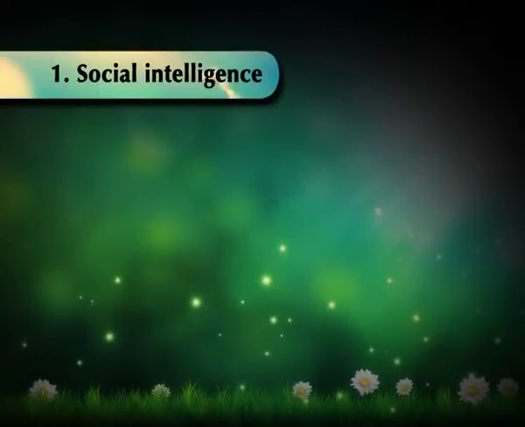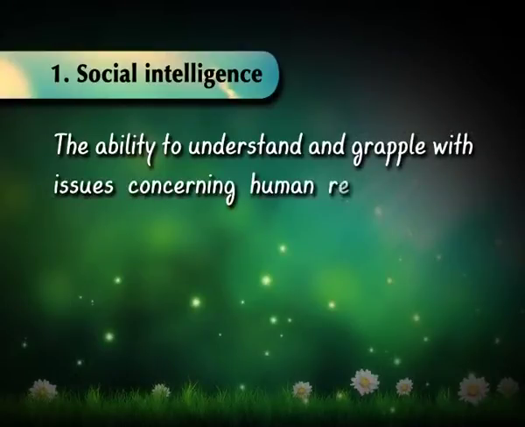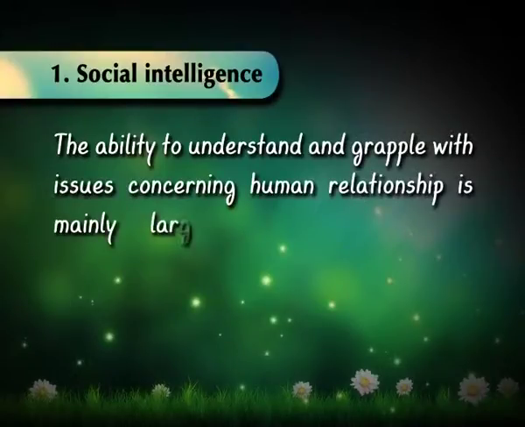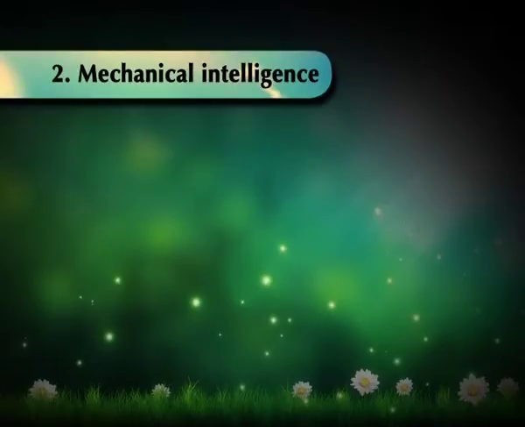Generally, psychologists distinguish three kinds of intelligence. 1. Social intelligence. The ability to understand and grapple with issues concerning human relationship is largely defined as social intelligence. Number 2. Mechanical intelligence.